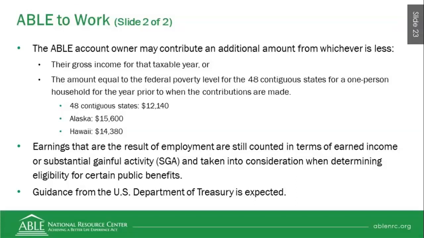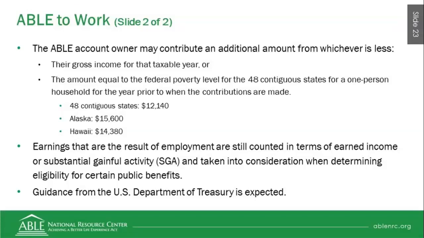It's always important to repeat that on the earlier slides, we said that if someone is receiving benefits, earnings from working are still treated the same in terms of earned income or substantial gainful activity, and they're taken into consideration when determining eligibility for certain public benefits.